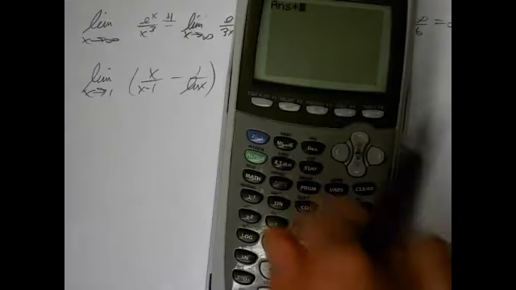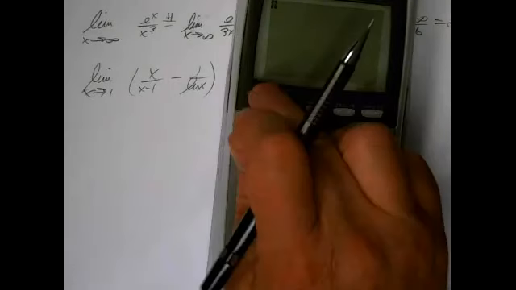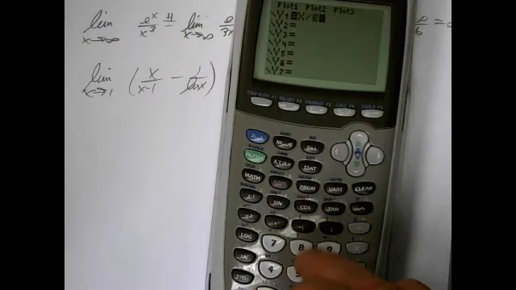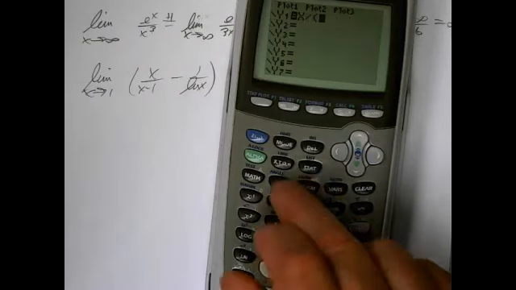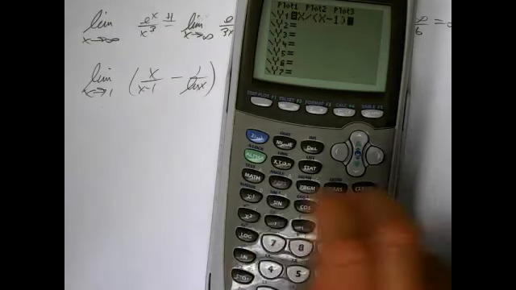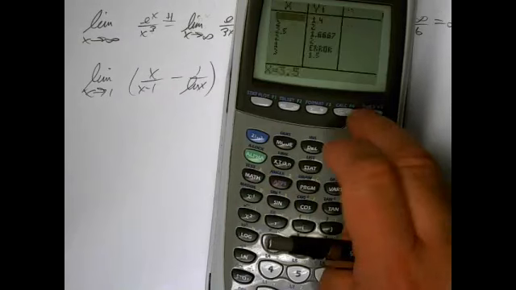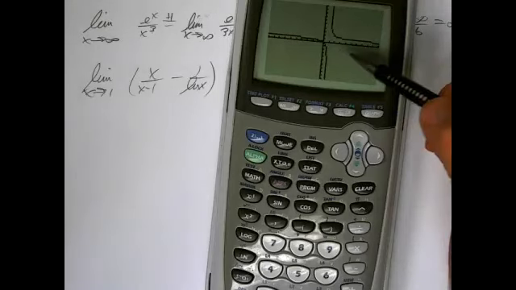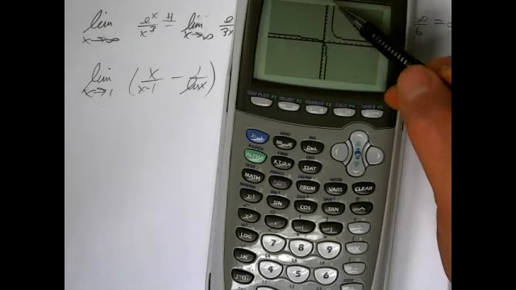So again, maybe a little bit of graphical help is in order. If I look at x over x minus 1 and take a look at what that's doing as you head towards 1. Well, from one direction, it's heading up to infinity.